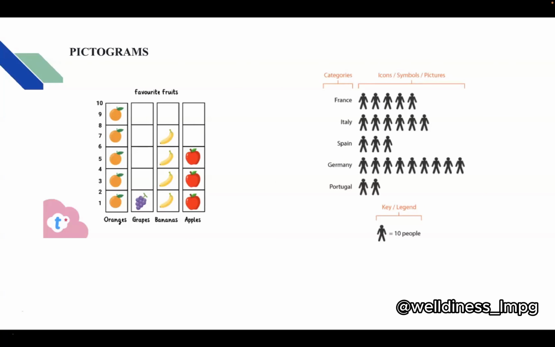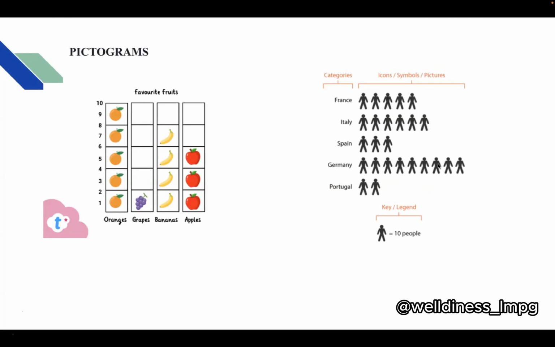Okay. So let's look at this other example. If one human being represents 10 people, and these people are going to participate in a sport, which country has the most people representing them, and what number did they send to this competition? Germany with 90 people.